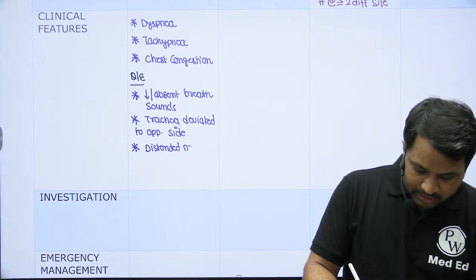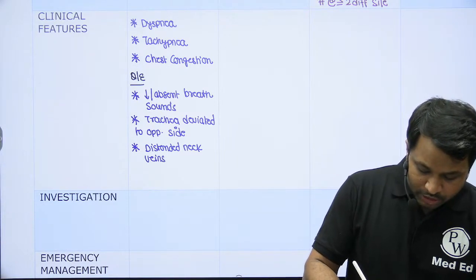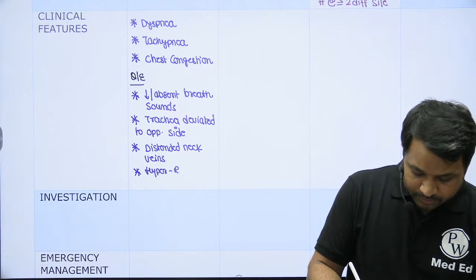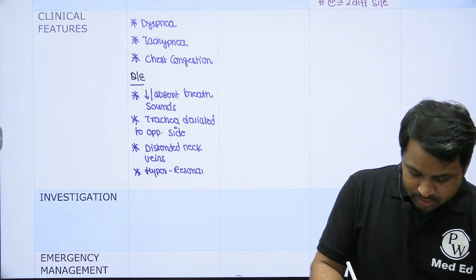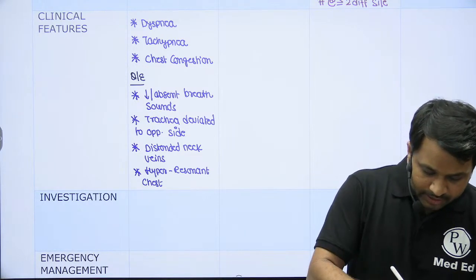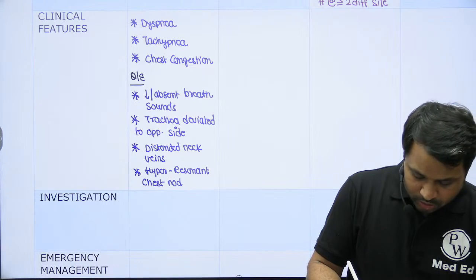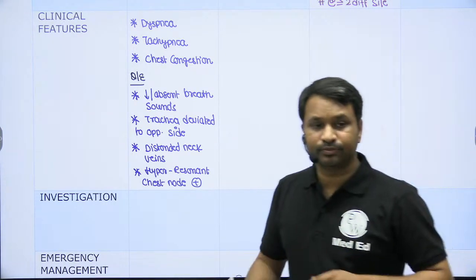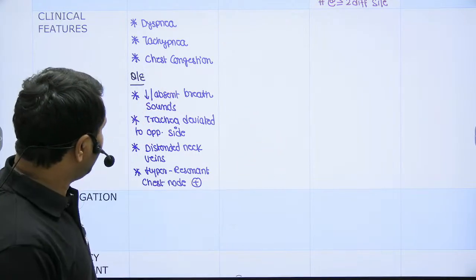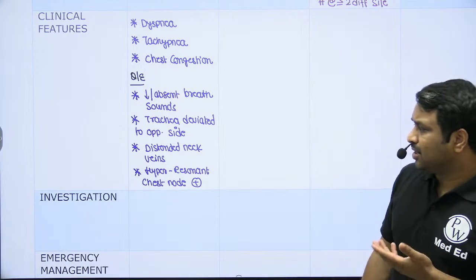And when you do percussion, you will see a hyperresonant chest note on percussion. So you have a patient with dyspnea, tachypnea, chest congestion, and all these findings: absent breath sounds, trachea deviated to the opposite side, distended neck veins, and hyperresonant chest note.